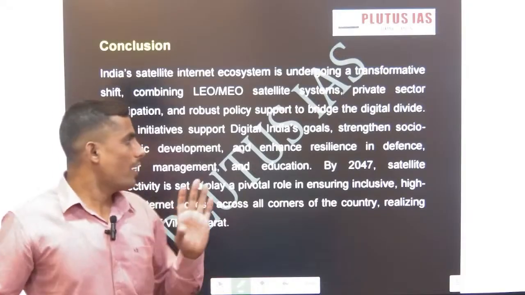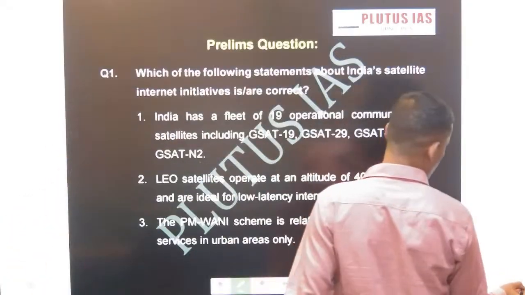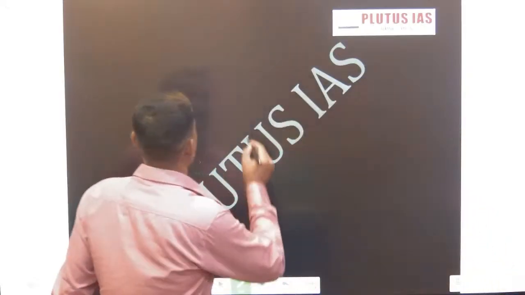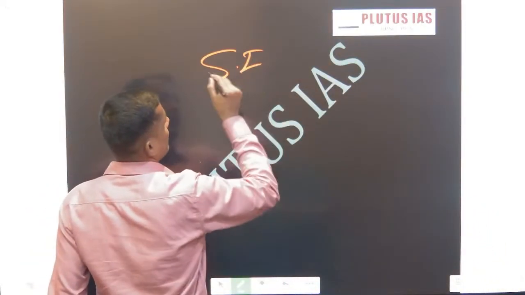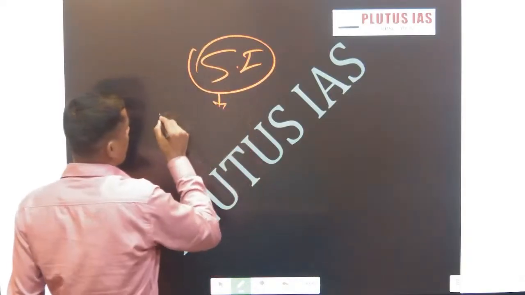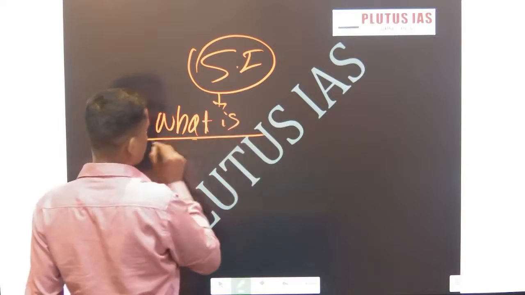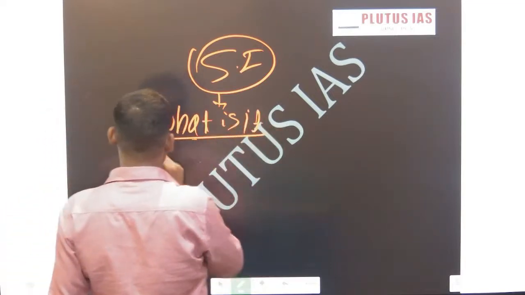For the prelims, you have to remember only two things. These are the prelims questions, you can go through them. Satellite-based internet: in this you have to remember what it is. This will be your first.